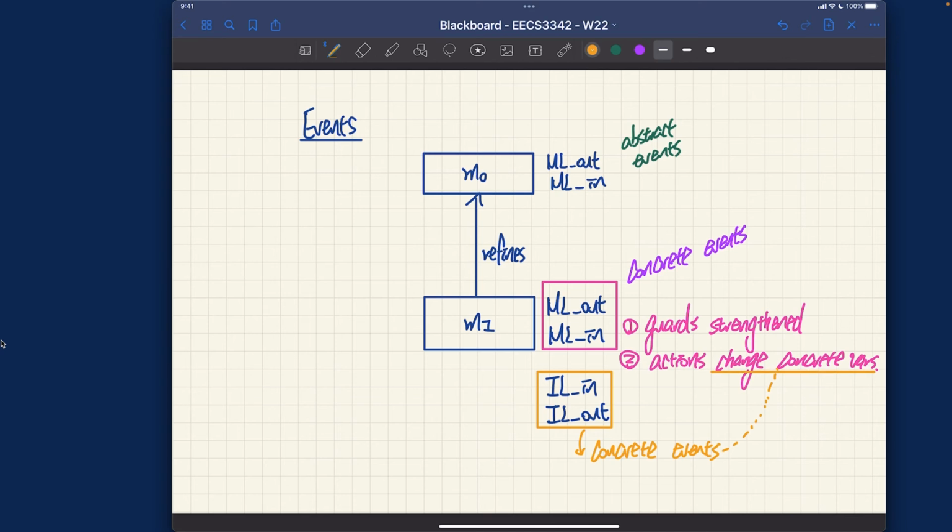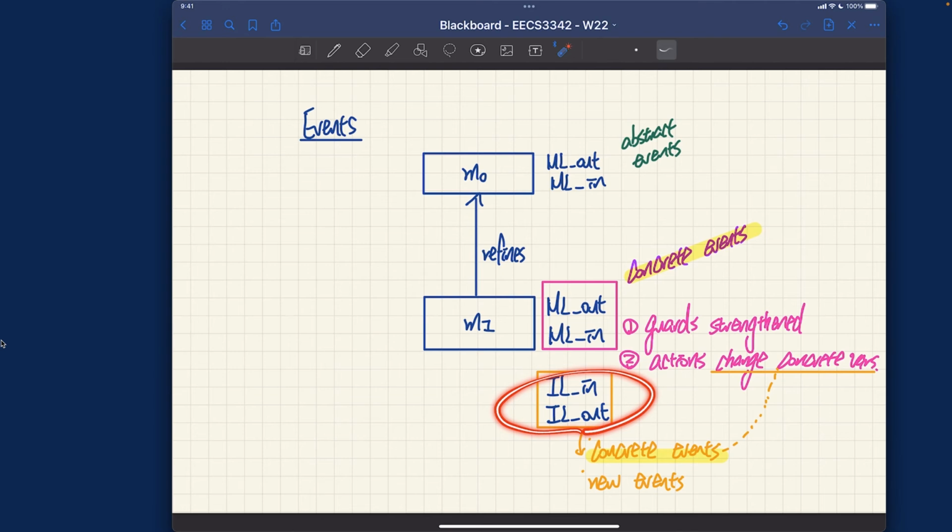However, we can also refer to them as the new events. Either this or this, right? So that means when I refer to an event as the concrete events over here and over here, I might be referring to either this kind of events which got inherited from the abstract model, or I might be referring to this kind of concrete events which got newly introduced into the refinement model.